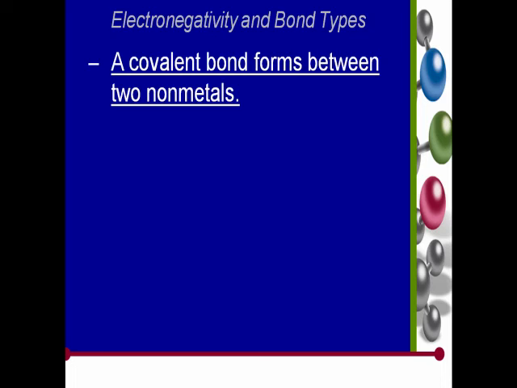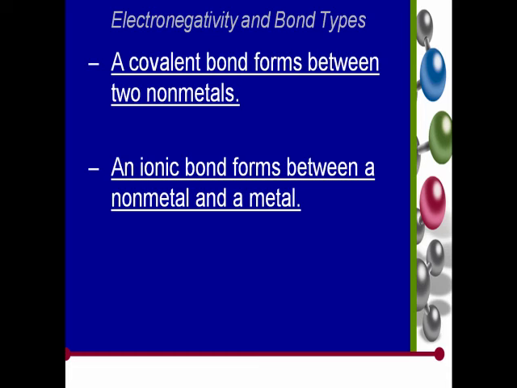Remember that there is a stair-step line on the periodic table and that the elements to the right of that line are known as nonmetals, and elements to the left of that line are known as metals. And what differentiates an ionic bond is it's a bond between typically a nonmetal and a metal. An ionic bond forms because you have a transfer of electrons. The metal gives away its electrons to the nonmetal.